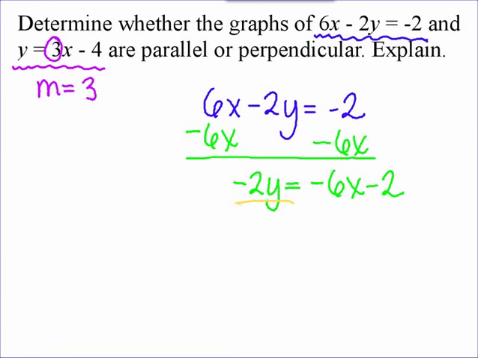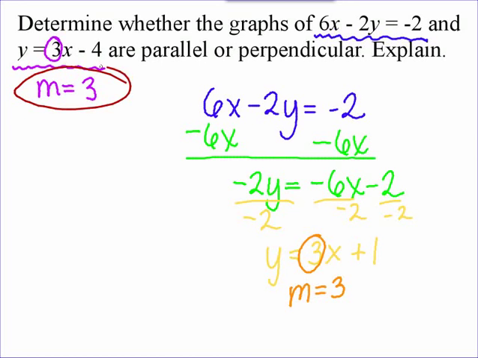Divide by negative 2. And so when I divide by negative 2, I get y equals 3x plus 1. What's the slope of this line? 3. So now I need to compare. Here's 3. Here's 3. They're the same. The lines are parallel.